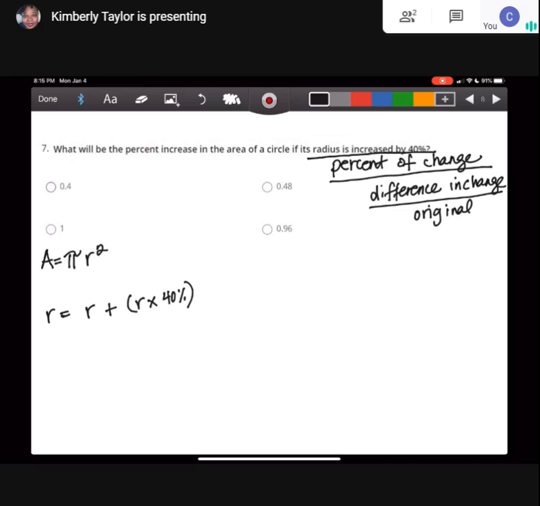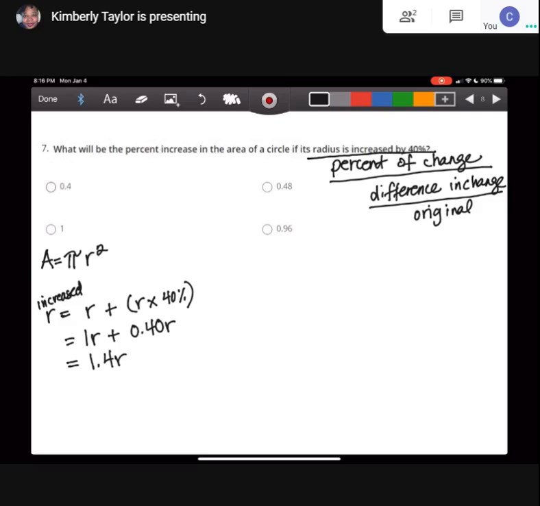So this translates, and put the increased radius, this is what it's going to be: 1r plus 0.40r. You can combine them together, get 1.4r. Okay, so that's your increased radius.